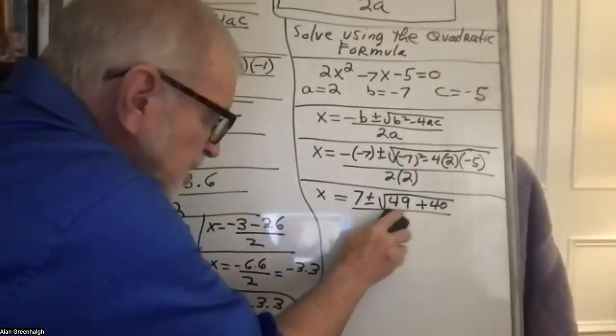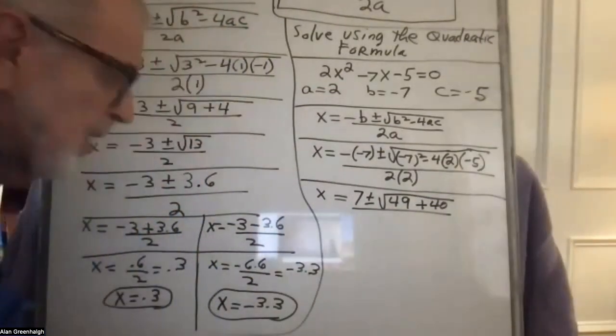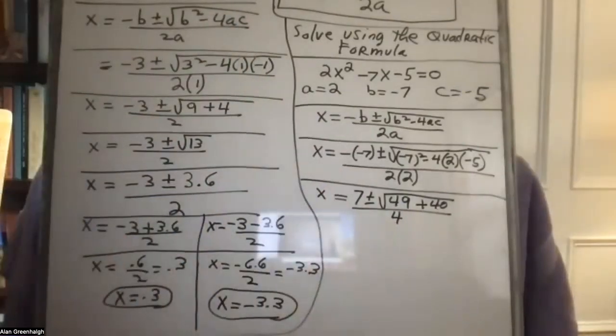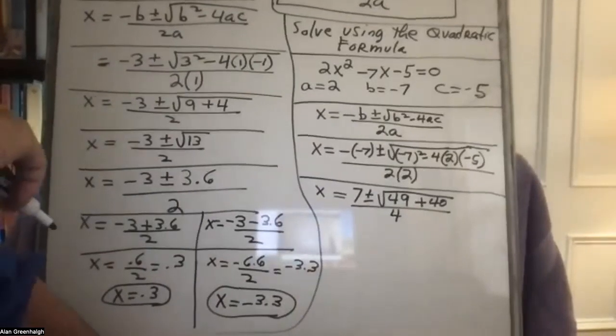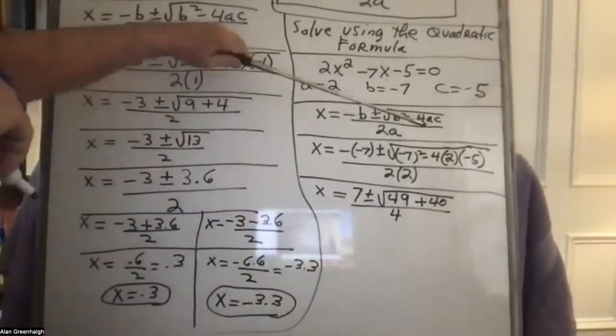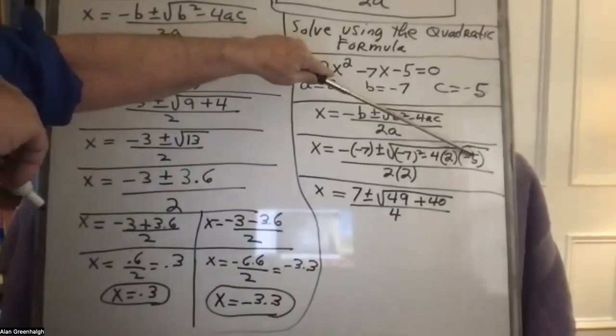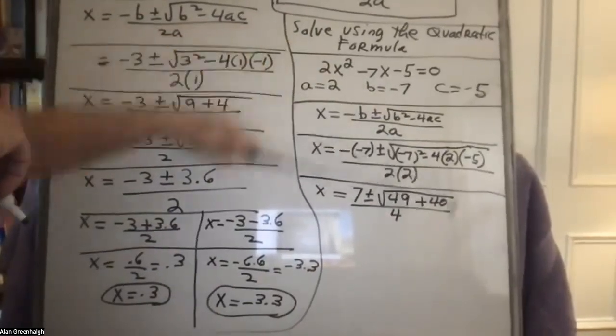I think we should just evaluate that as well at the same time. That'll save us a little time. So where did I get the positive 40 from? You might be wondering. That's from -4 times 2 is -8, times -5 is +40.